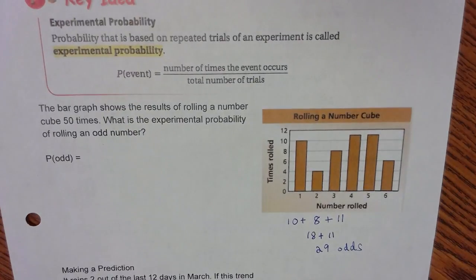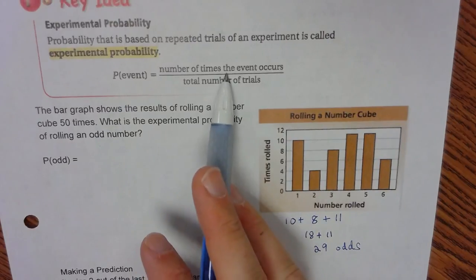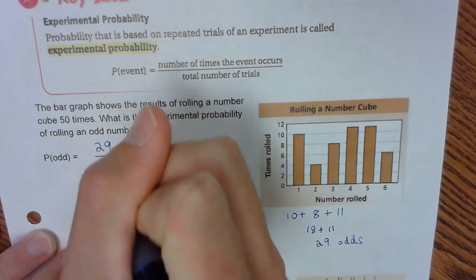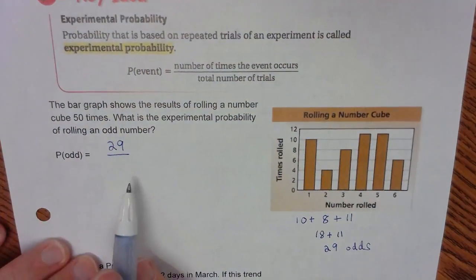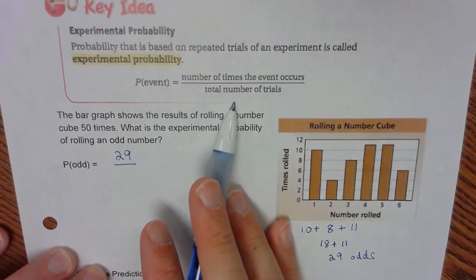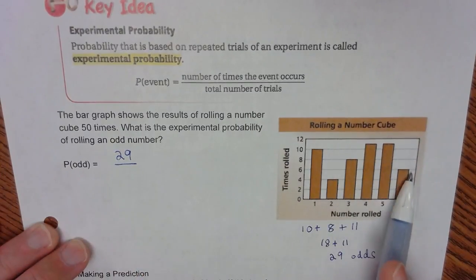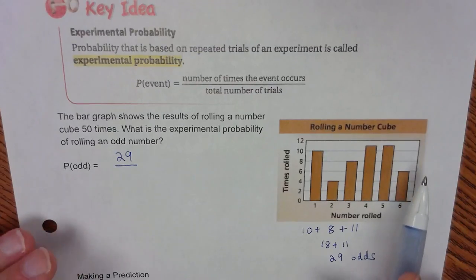So we want to put that into perspective. I want to make sure 29 is my numerator, because that's how often the event occurred. So 29 over the number of total trials. There are two ways we can do it. One, I could add up all of these totals, which would probably be the longer way.